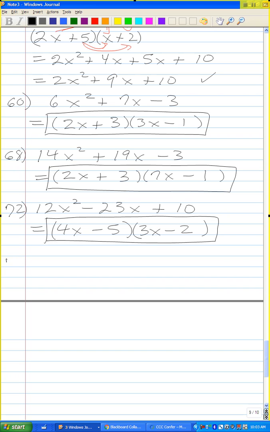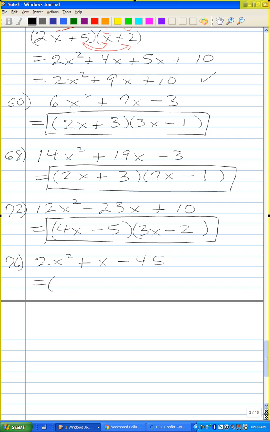Let me do problem number 76. 2x squared plus x minus 45. And so I want to find two quantities that multiply out to 2x squared. Well, there's not a lot of them.